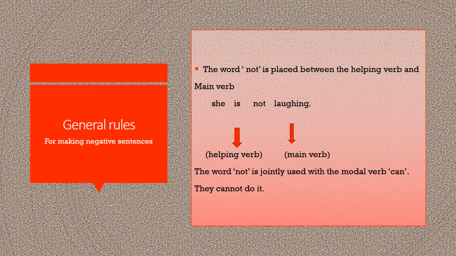For example, she is not laughing. Helping verb is and laughing is main verb. So, not is placed between is and laughing. Second one, the word not is joined with the modal verb can. They cannot do it.